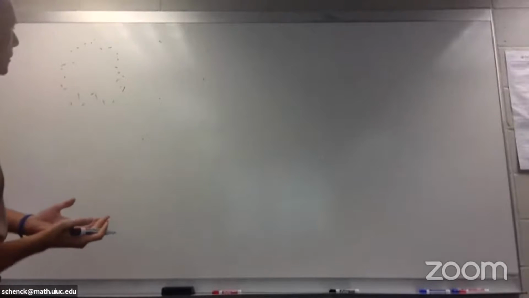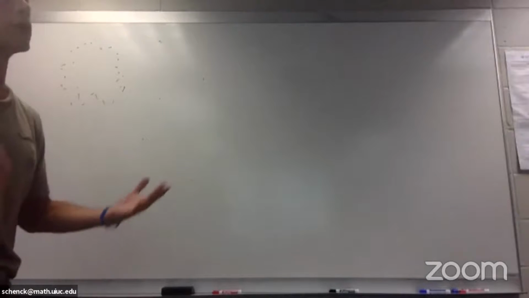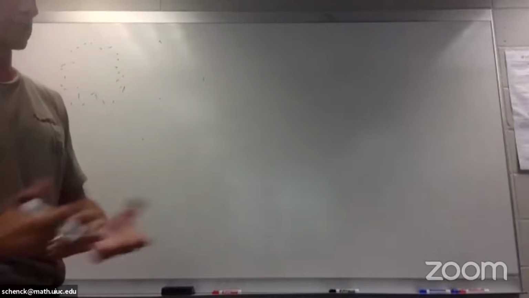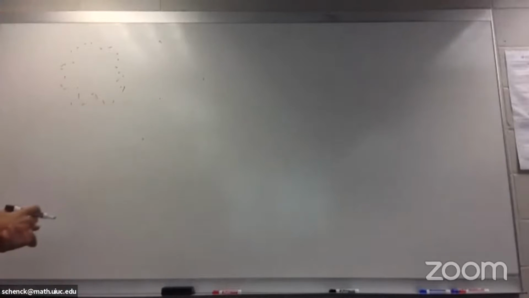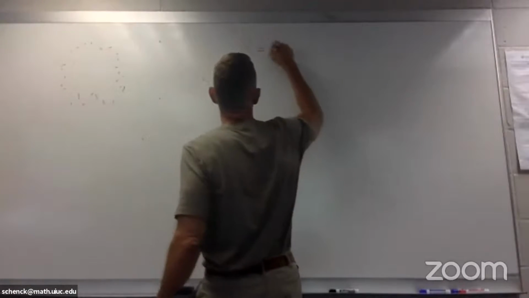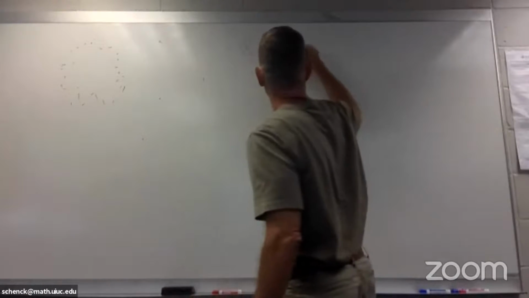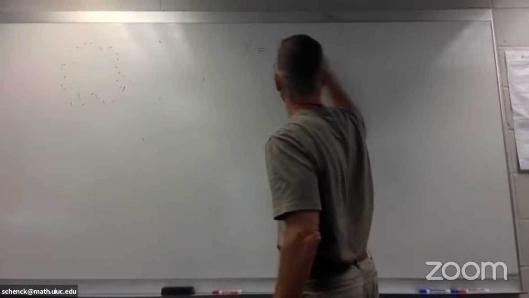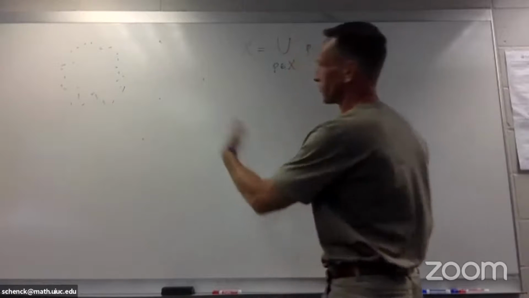Now, intrinsically, a bunch of points has no interesting topology because it's just a bunch of points. So I guess there's topology there perhaps, but when we look at this, we can see that there's a pattern here, right? And so the idea is that X is a union of a set of points, say P and X of P. So that's what I've got.